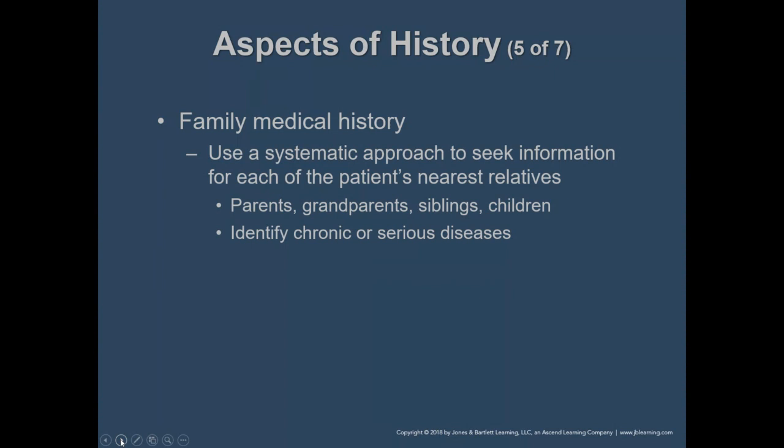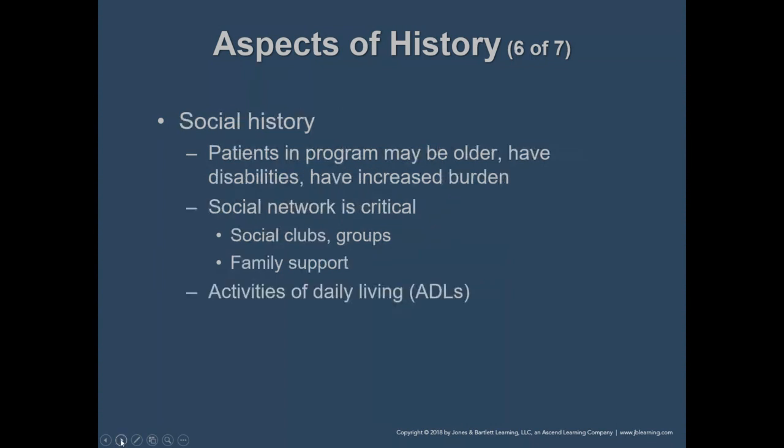So mother, father, sister, brother, grandparents. With that, we normally see the manifestation within the generational approach to the familial medical history. Social history, again, we talked about that. Social clubs, groups, family support.